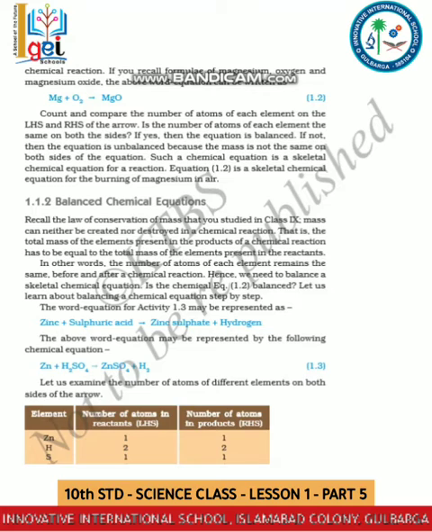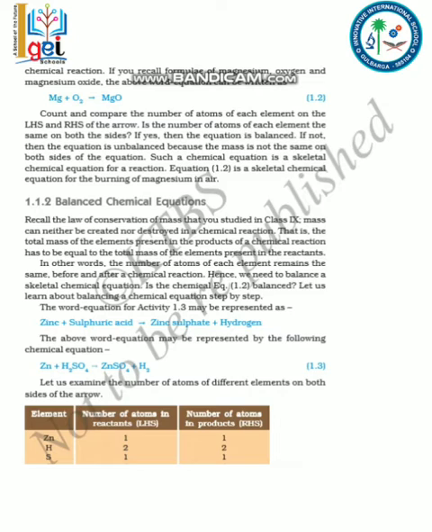If you observe here, you have one atom of zinc, which reacts with H2SO4, sulfuric acid. In sulfuric acid you have two atoms of hydrogen, four atoms of oxygen, and one atom of sulfur. Got the point?